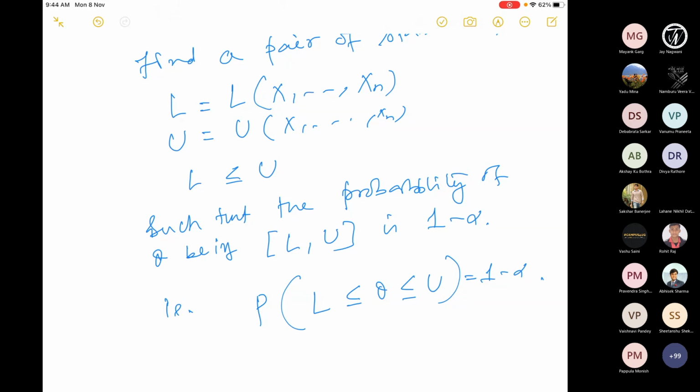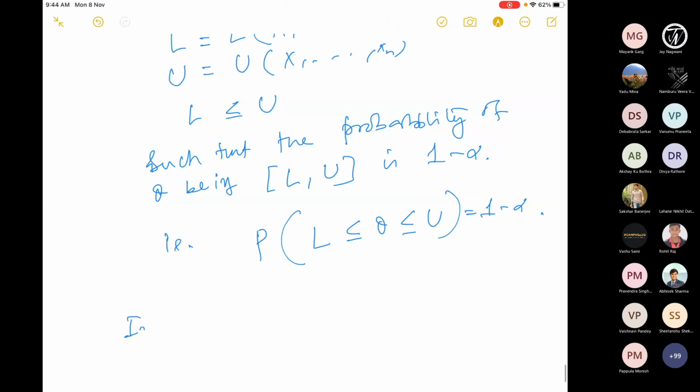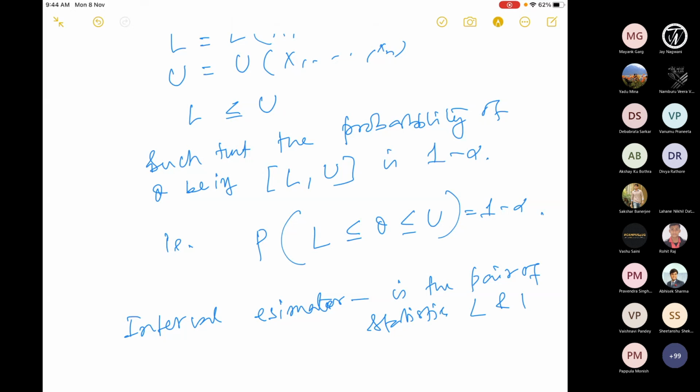Then what is the interval estimator? The interval estimator is now the pair of statistics L and U that satisfy this property.